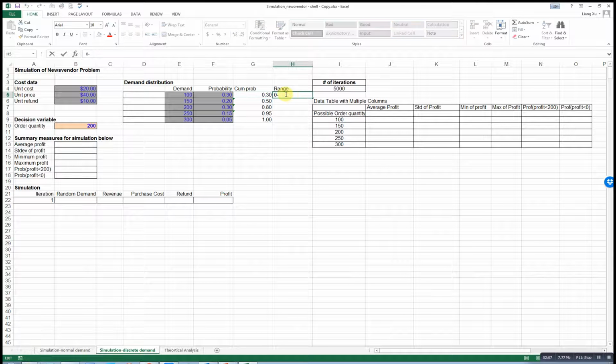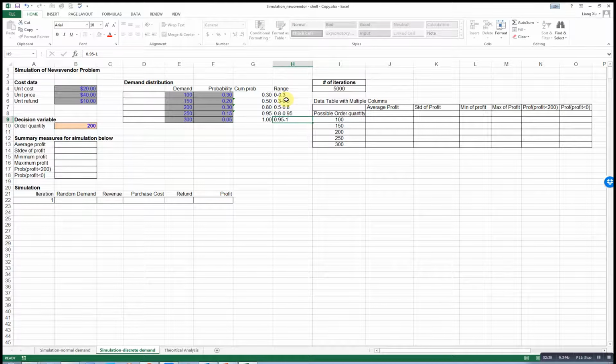This is the range of the probability. In this case, it is 0.3 to 0.5. In this case, it is 0.5 to 0.8. In this case, it is 0.8 to 0.85. In this case, 0.85 to 1.